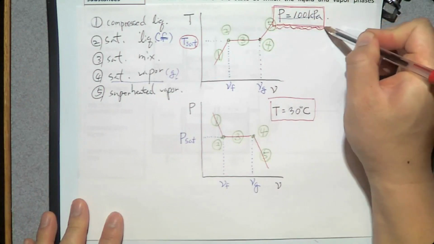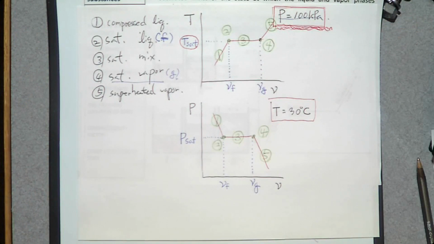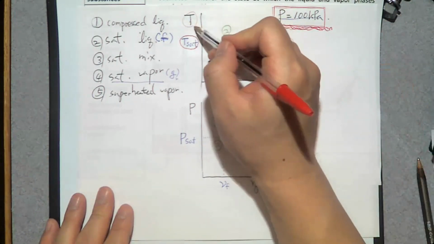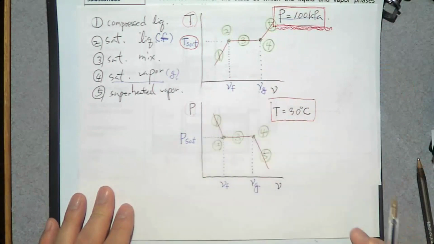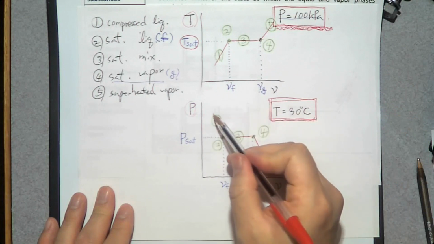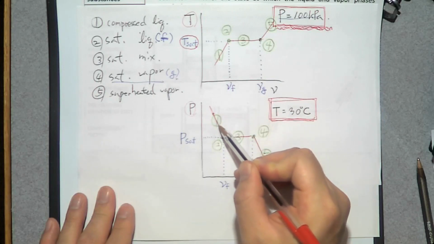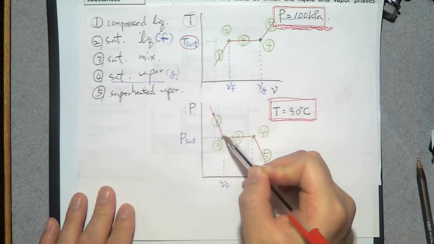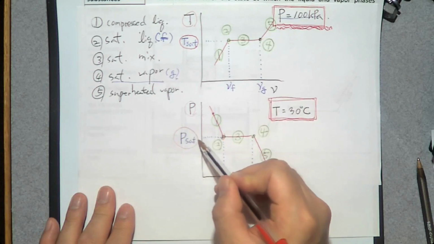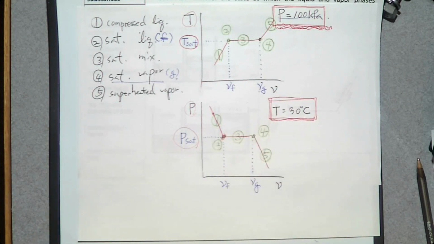at this constant pressure. You can also make phase change, instead of increasing temperature, by decreasing pressure. So at this constant temperature, if your water is compressed liquid, you can decrease the pressure of your system. Then once it reaches saturation pressure, phase change occurs. So you can see liquid molecules become vapor molecules.